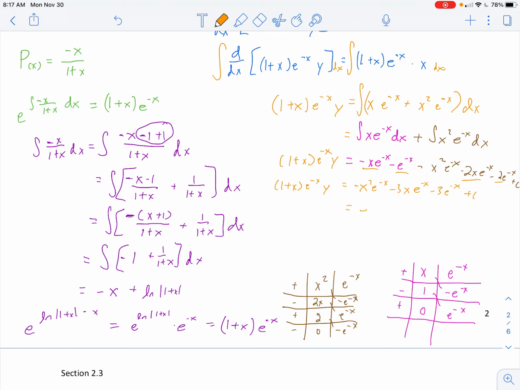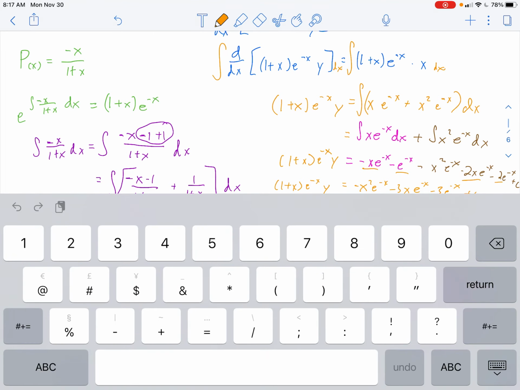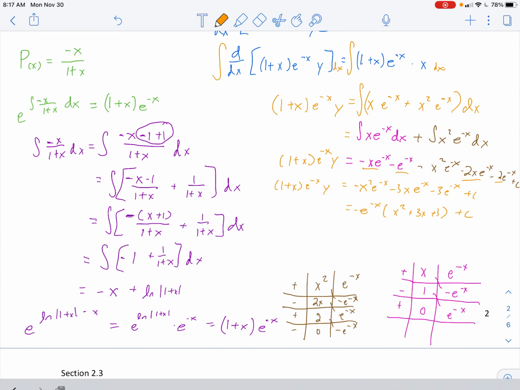Plus c. I'm going to pull out a negative e to the negative x. That way I can get x squared plus 3x plus 3 plus c, and then that's just equal to 1 plus x e to the negative x times y.